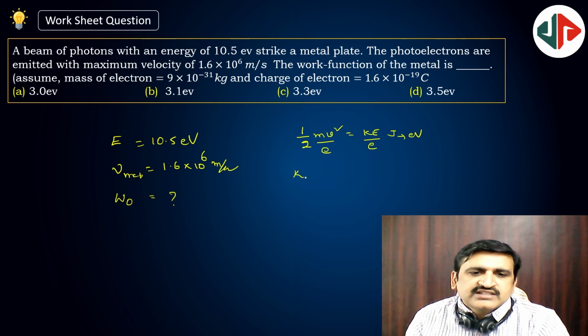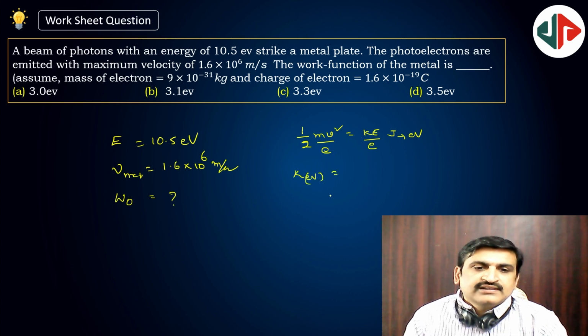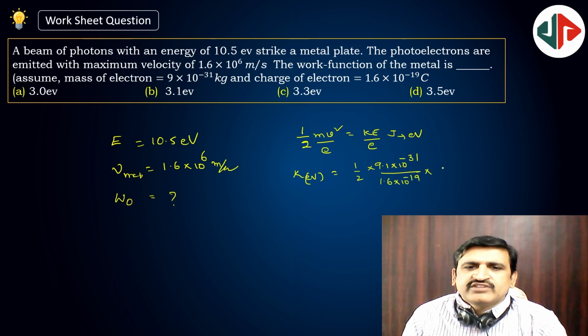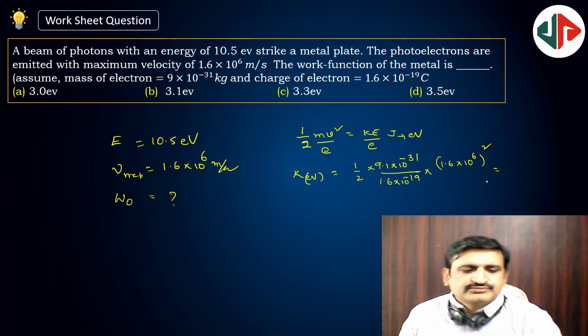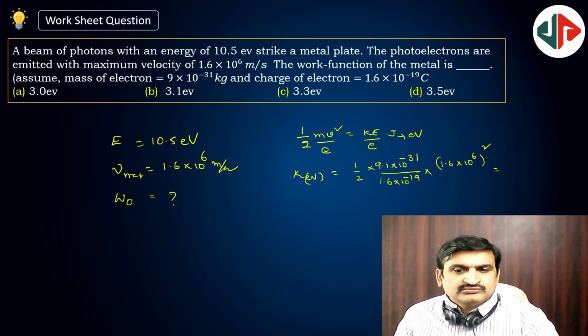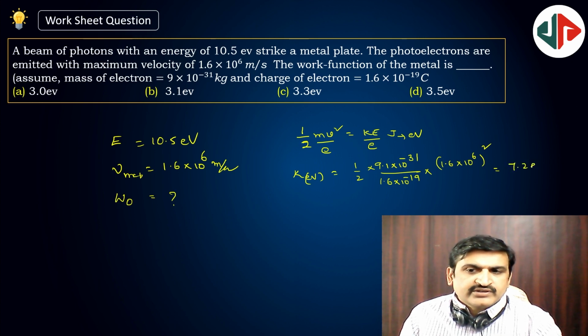So kinetic energy in electron volt is equal to half times m, 9.1 into 10 to the power of minus 31, divided by charge of electron 1.6 into 10 to the power of minus 19, into V square, (1.6 into 10 to the power of 6) square. So 1.6 one time will go, and the calculated value is 7.2 electron volt.